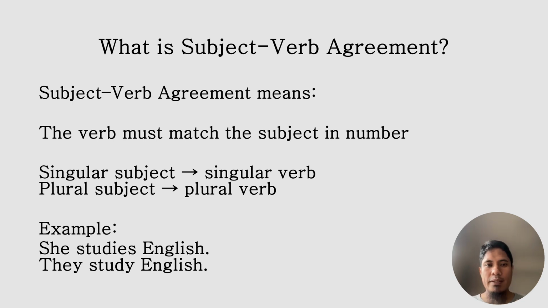On the other hand, when the subject is plural, the verb typically stays in its base form. Although this rule seems straightforward, many learners overlook these small changes. As a result, subject-verb agreement errors frequently appear in both speaking and writing activity.